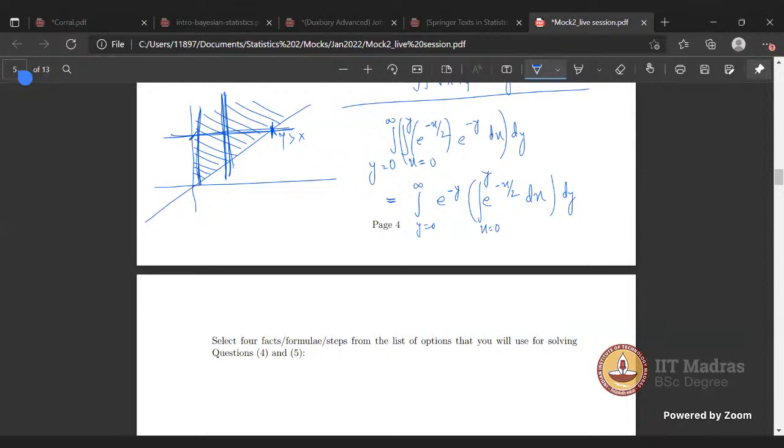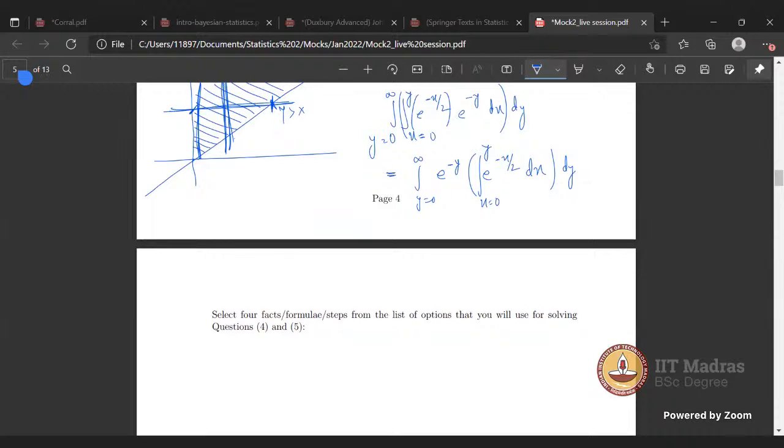Ma'am, can you solve this with limits x from 0 to y and y from 0 to infinity? Because I did it this way and I got 1 by 4, so I'm not sure.